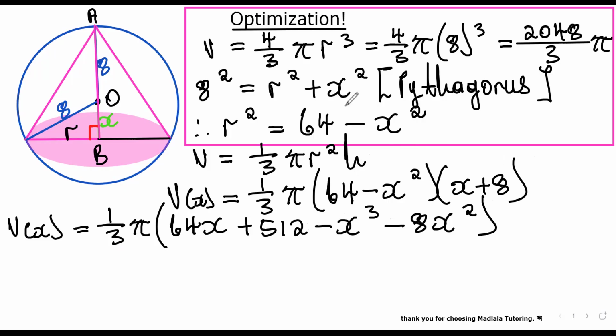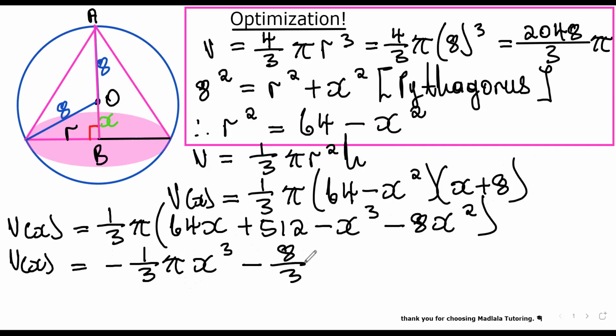And now it's time to distribute the constant. So then, I'm simply going to get negative 1 over 3 pi x cubed. Then I get negative 8 over 3 pi x squared. Well, 64 is an even number, so is it really divisible by 3?